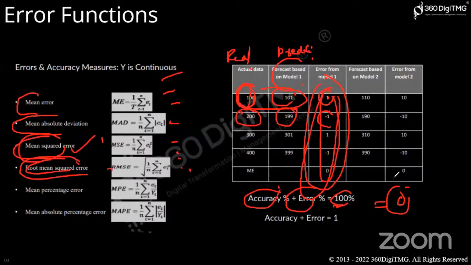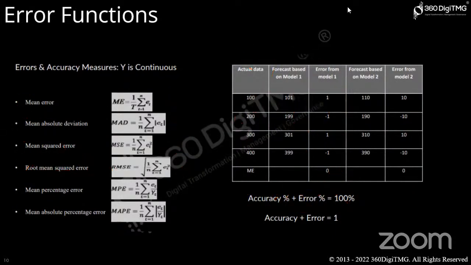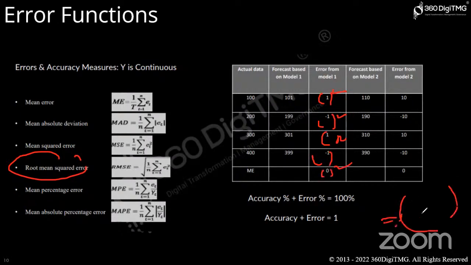These have their own advantages, but most of the time we use root mean square error. We simply square the errors and add them. Whatever value we get, we try to decrease as much as we can. Decreasing the error rate means we are increasing the accuracy.